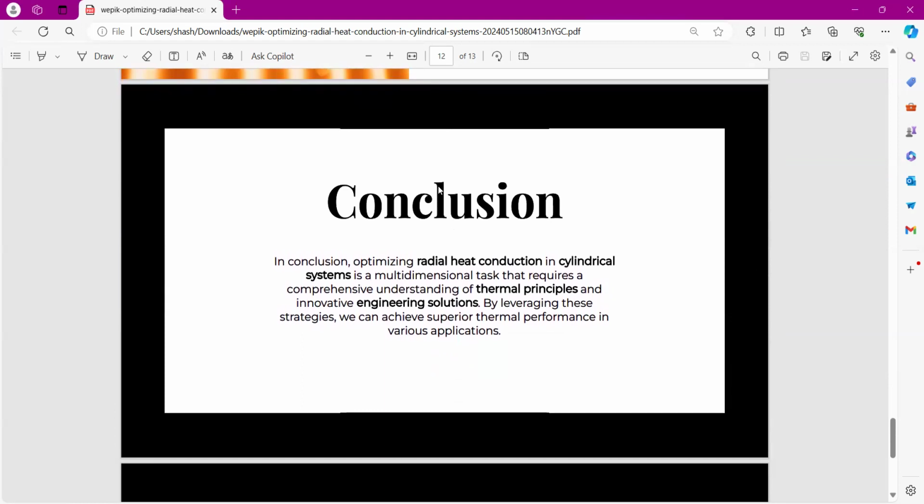In conclusion, optimizing radial heat conduction in cylindrical systems is a multidimensional task that requires comprehensive understanding of thermal principles, the flow, the shape, the surface.